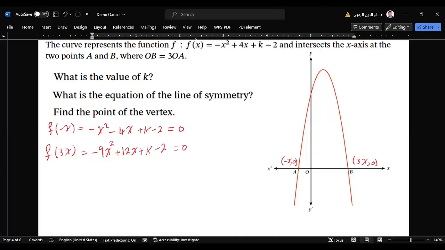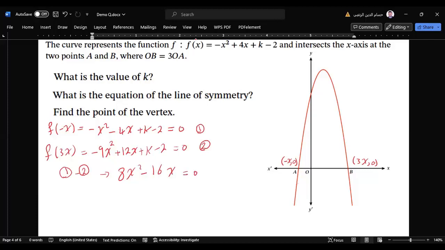So here I want to find the value of x. If this one is equation number 1 and that is equation number 2, let's subtract 2 from 1. We'll get 8x to the power 2 minus 16x, and k minus 2 is gone, equal 0.